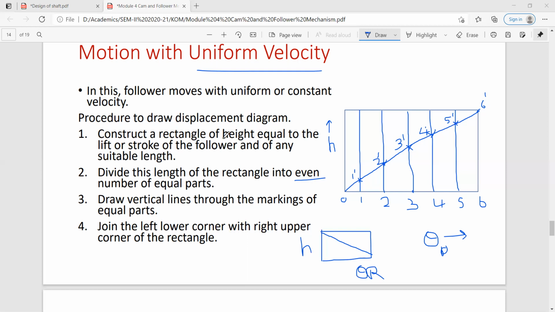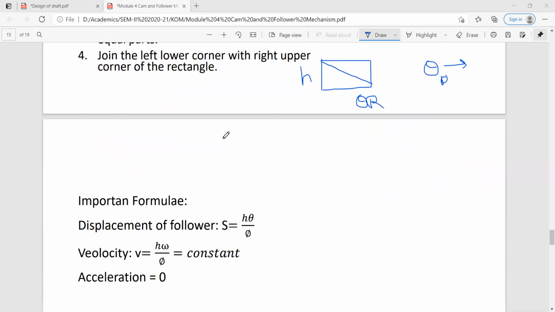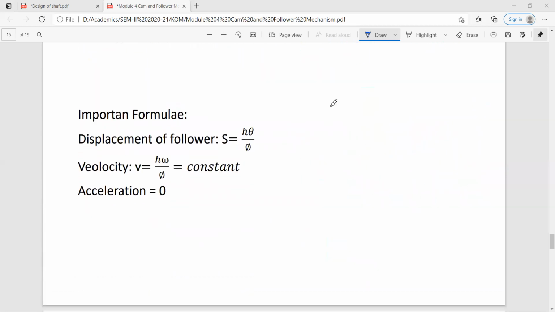Now let us see what are the important formulae of the motion with uniform velocity. So you write down this formula. H, you know, H is lift.